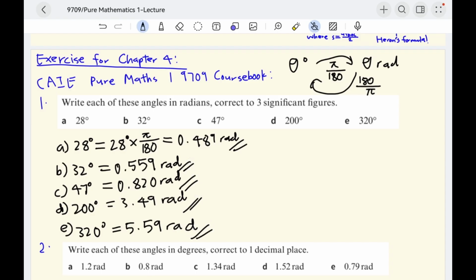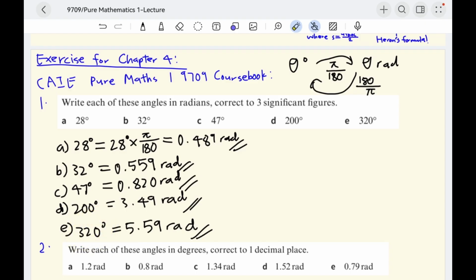Okay, so I have written all the answers below here, but as you can see there are answers in different quadrants. For part D, it has 200 degrees as well as E, 320 degrees respectively.